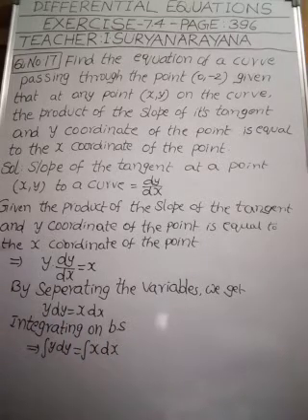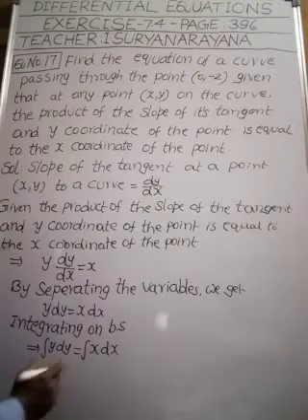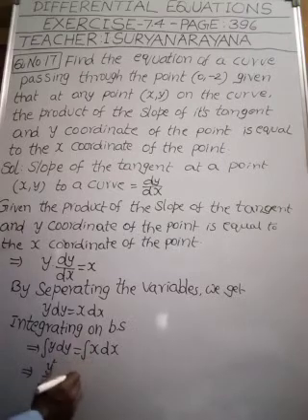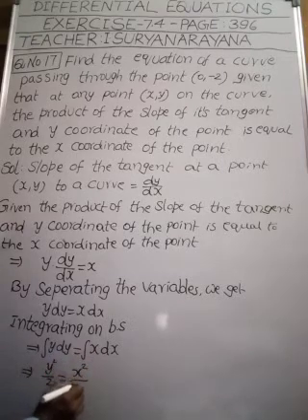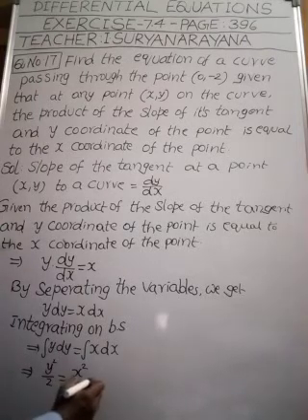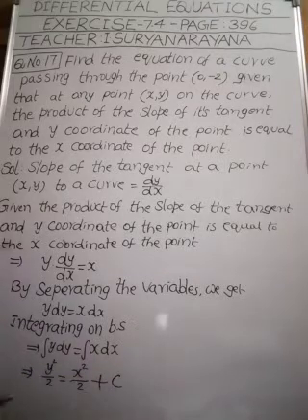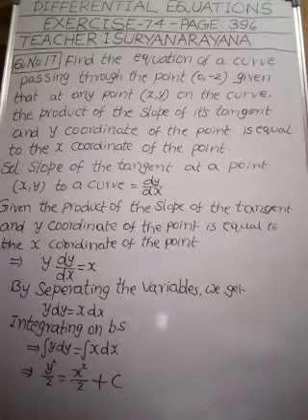Okay, my children, understood this step, right? What is integral y dy? y square by 2 is equal to integral x dx, x square by 2. Okay, my children, understood this one. So integration part is over. Let us add the constant of integration. Understood this point, my children?